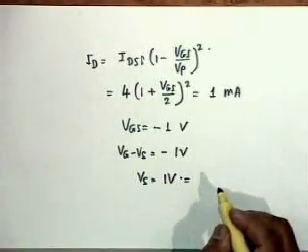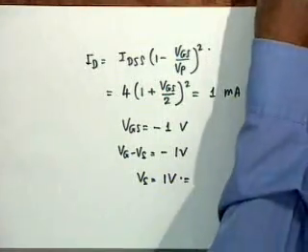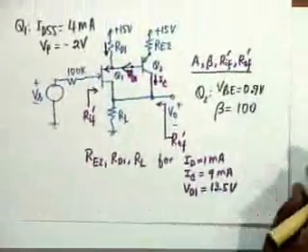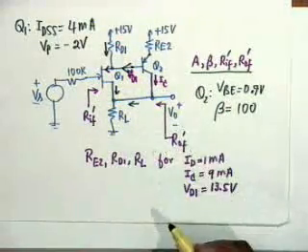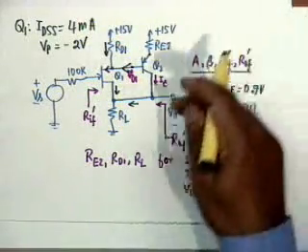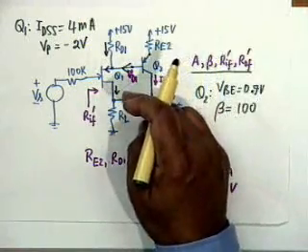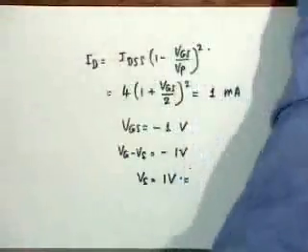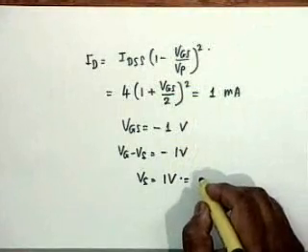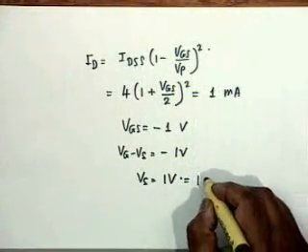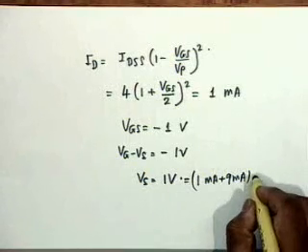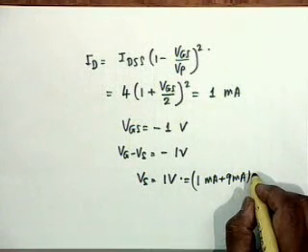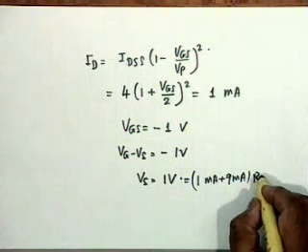Now what is VS? VS is this current plus this current, IC plus ID into RD. Okay. So this is 1 milliampere plus 9 milliampere multiplied by, this is the current flowing through RL.